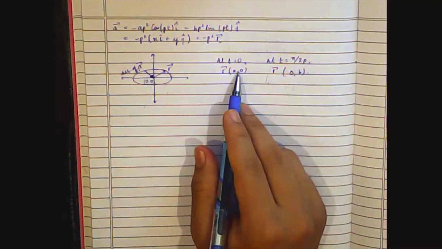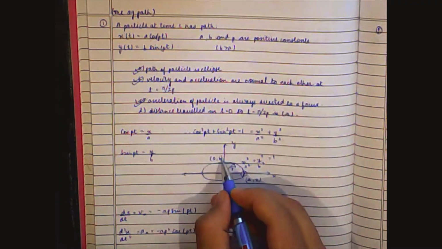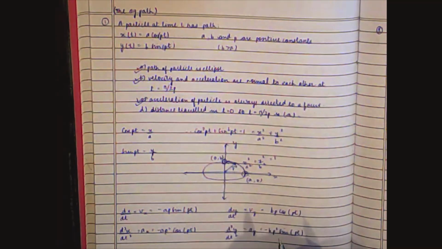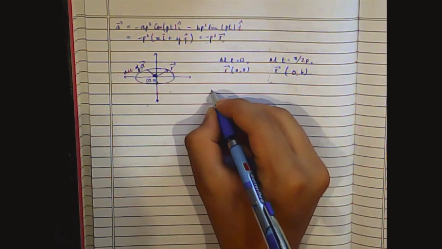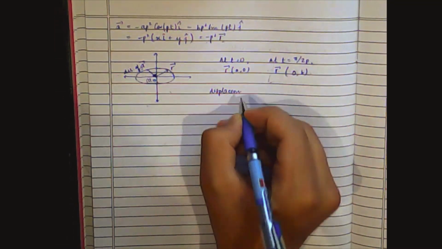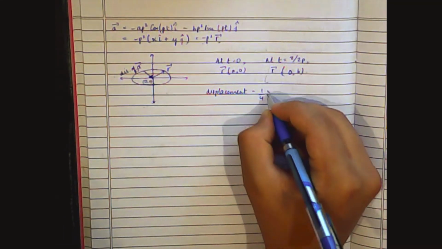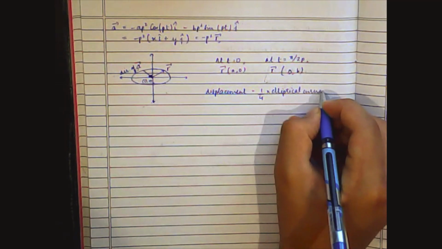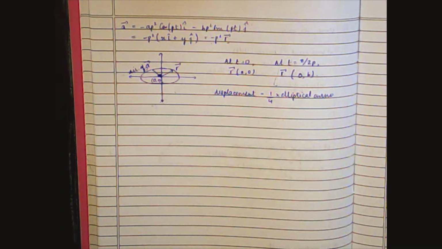So at one point it is here, this is t equals 0, and at t equals pi by 2p it's here, so it moves like this, right? So basically the path from t equals 0 to pi by 2p is 1 by 4th of the elliptical curve, which is definitely not a. Okay, let's move on to the second question.